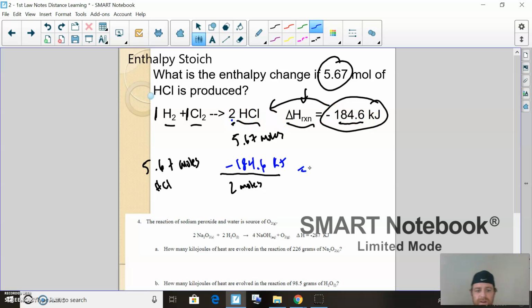So 5.67 times negative 184.6 divided by 2 is going to give me negative 523.341 kilojoules. Now, why is that important? Because if you were to do a reaction and want to know how much heat is given off, you can calculate it.